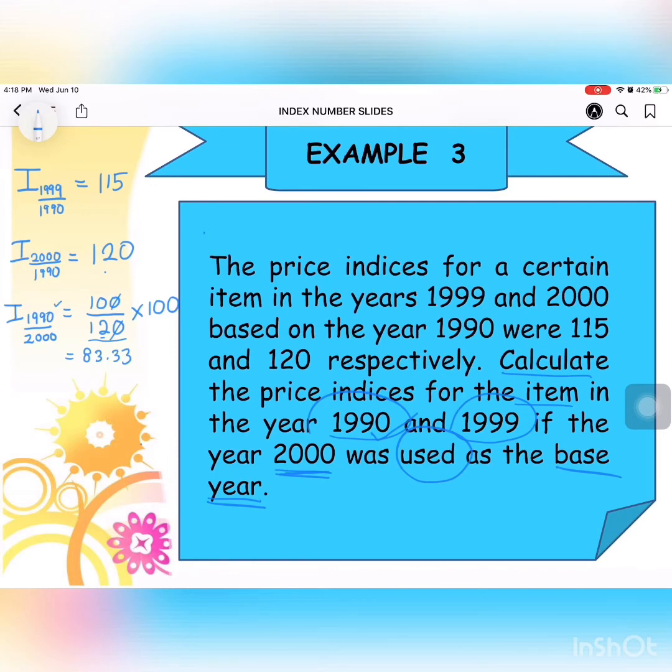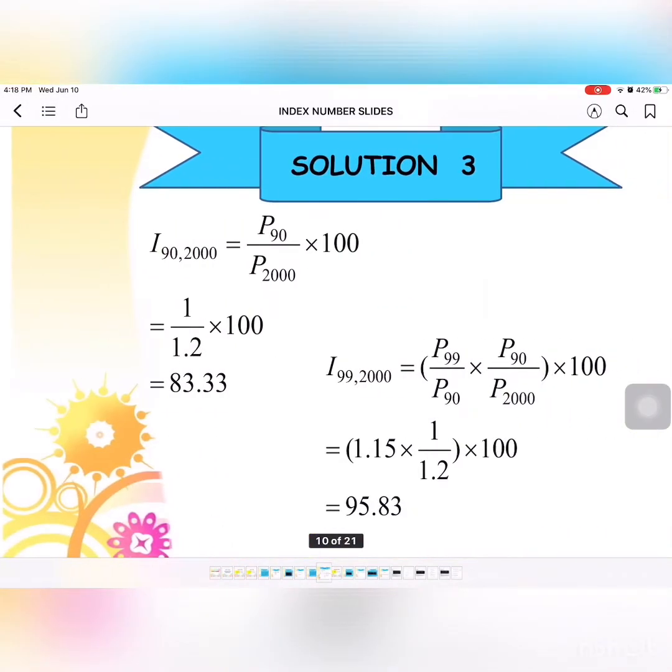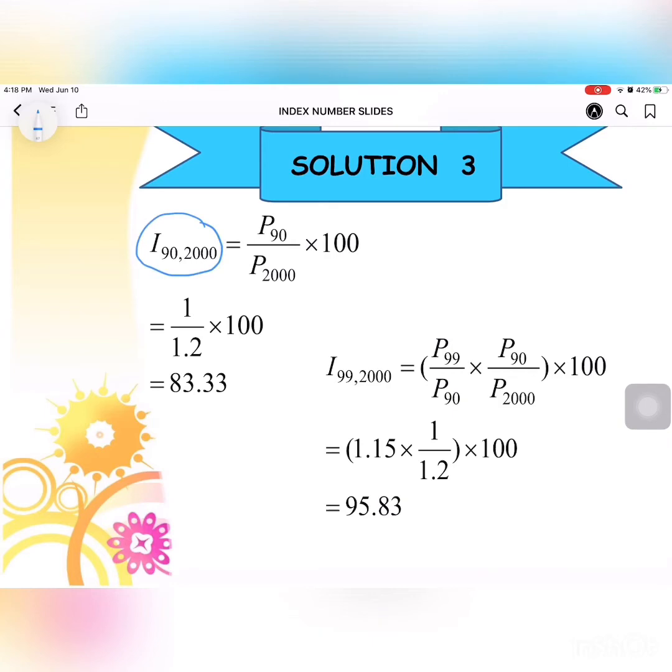But what if I want to find the price index of 1999 to 2000? Okay, let's go to the next slide. The first one I mentioned just now is where you find 1990 to 2000.